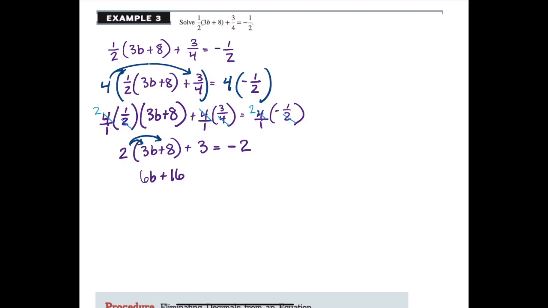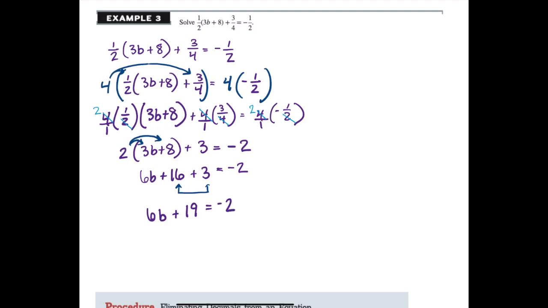And then we still have the plus 3 equals negative 2. So we still have this 6b on the left side. So 6b, 16 plus 3 is 19, equals negative 2.